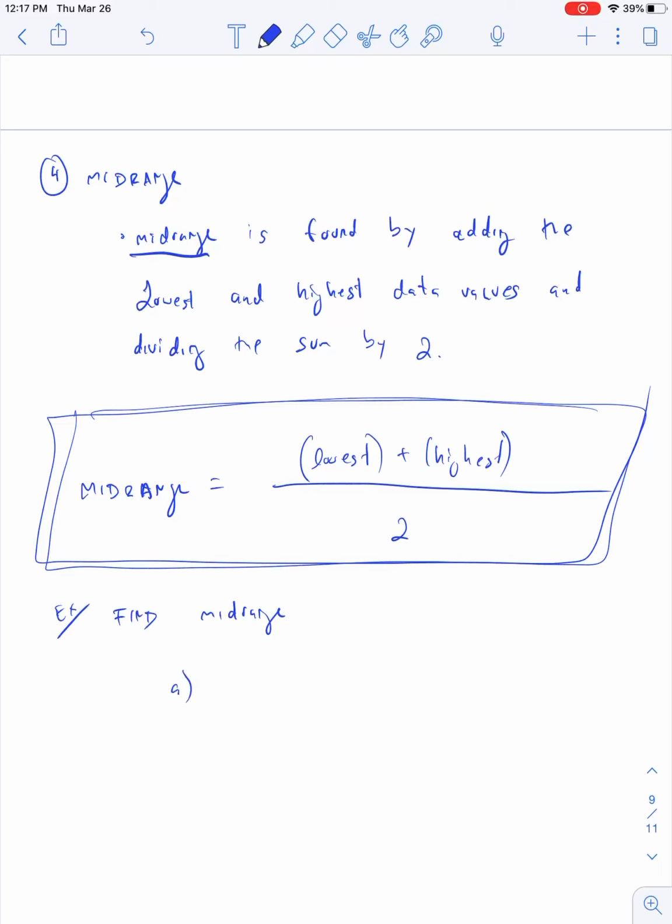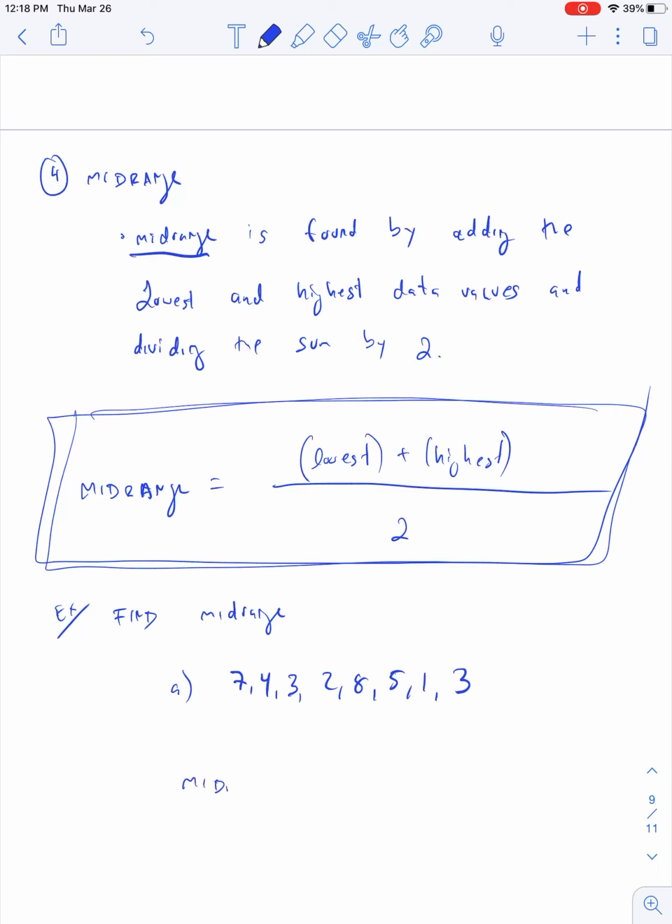So example, let's find the mid-range. Let's see what we got here for some examples. I got 7, 4, 3, 2, 8, 5, 1, and 3. All right, these are our data items. And all we want to do is find the mid-range.